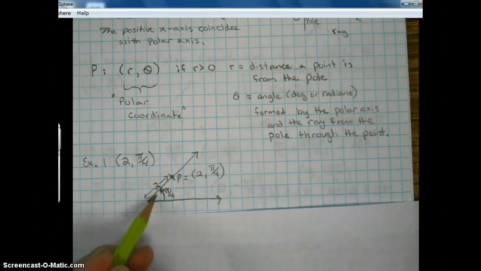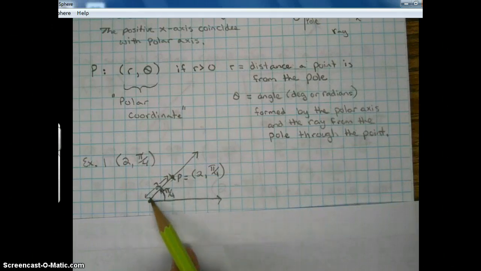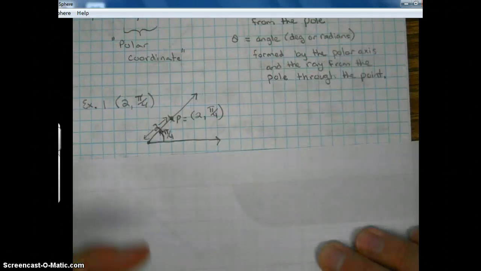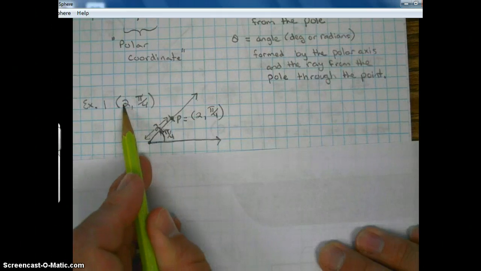And the units, 1, 2 units. That's our distance to the point. So this point here is found by the distance from the pole, comma, the angle from the polar axis. Now, this is when r is greater than 0.